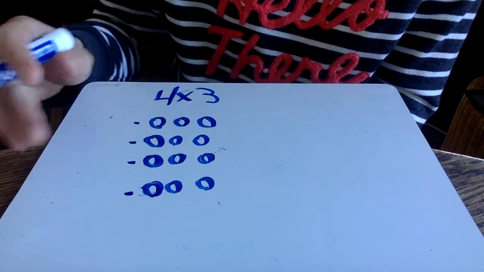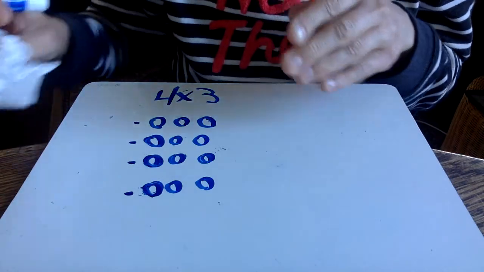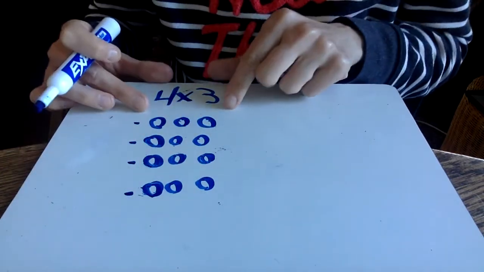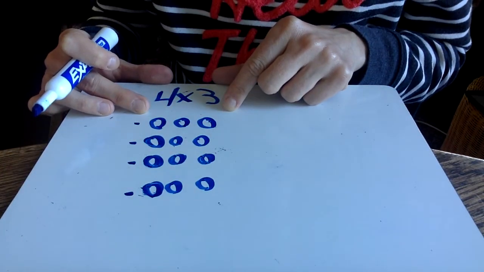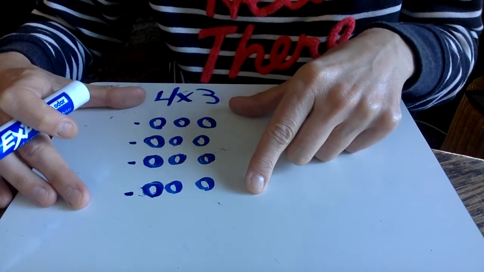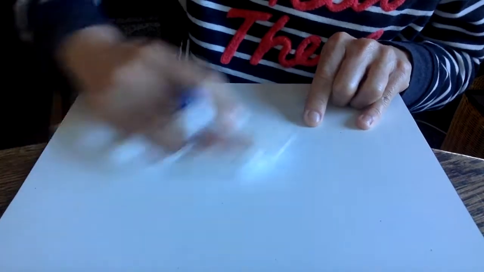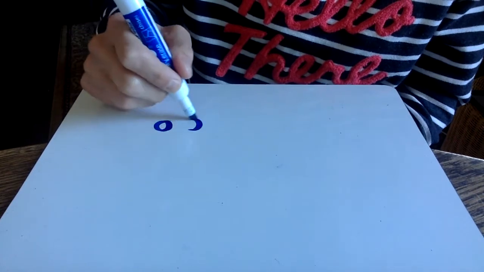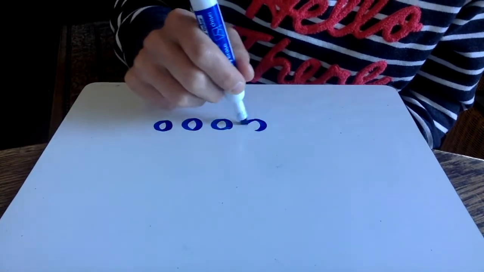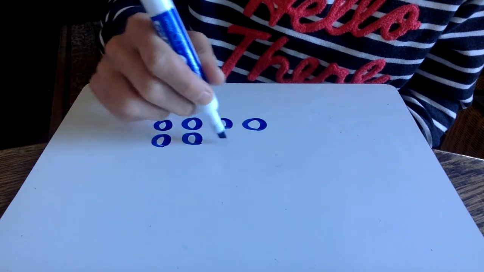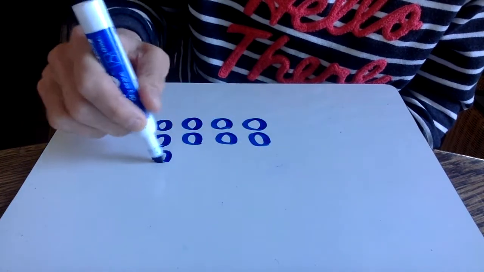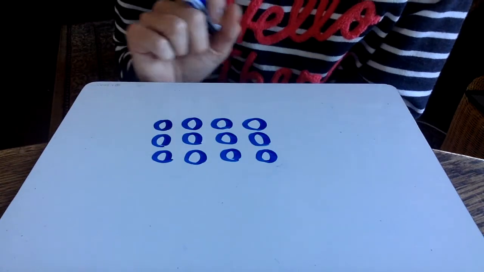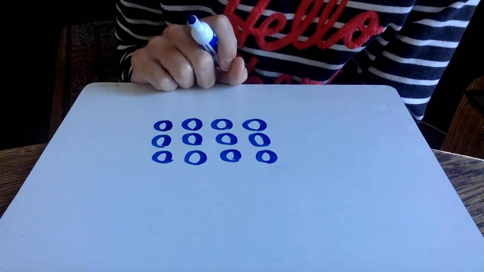Okay, so drawing arrays becomes a place for you to see your multiplication problem laid out in a visual. If I show you this problem, and here's my array, how are we going to write that as a multiplication problem?